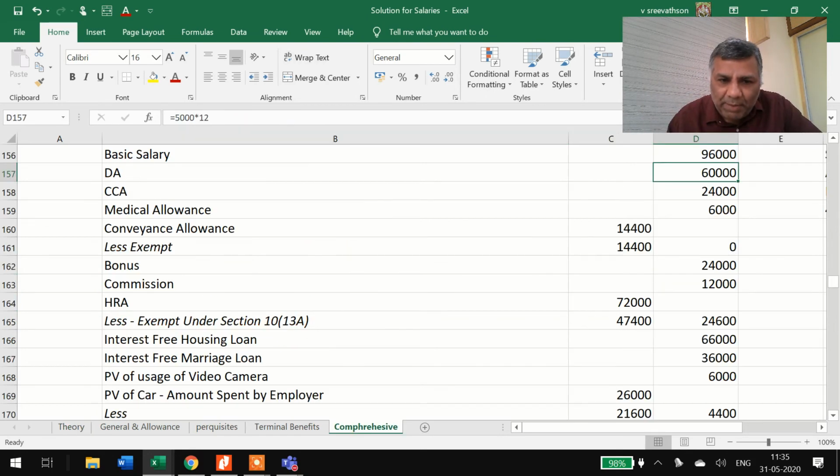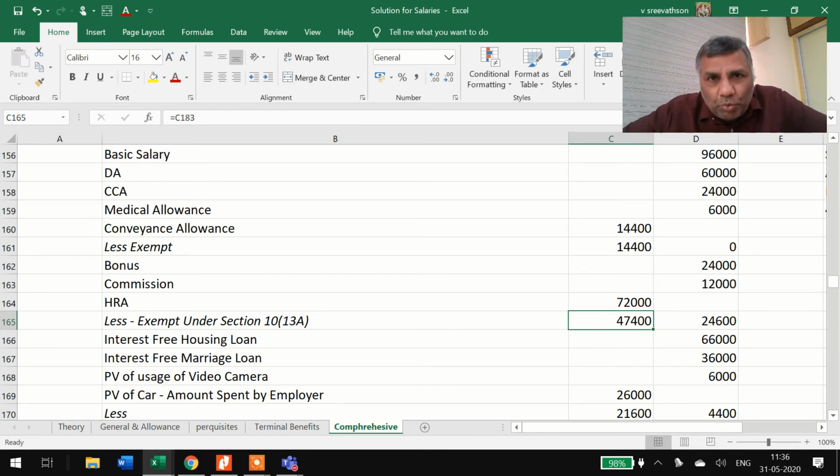How did I compute the HRA exemption? I took only forming part. How did I compute excess PF contribution? I took only forming part. Gratuity, I will take only forming part. RFA, I will take only forming part. Forming part is only for computation, but when it comes to DA, the entire DA becomes taxable.